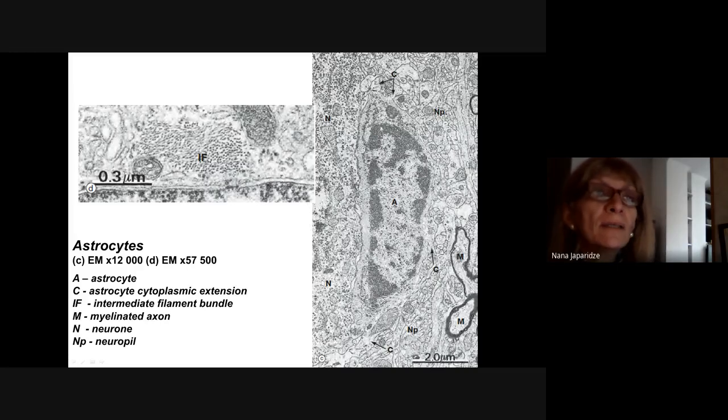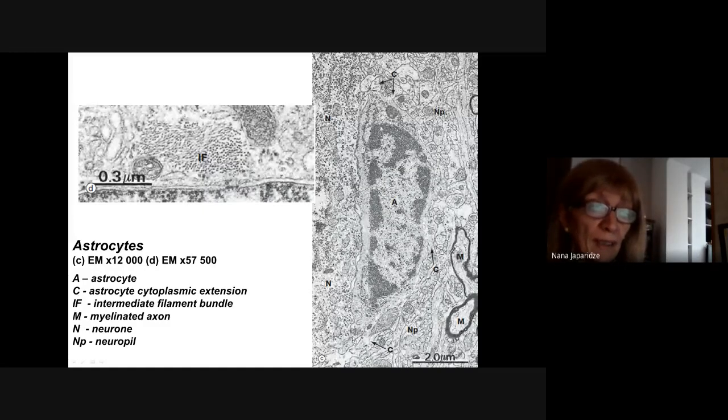So dendrites, axons, but these axons are non-myelinated axons. Here, these profiles of axons are surrounded with a black thick line, and it means that these are myelinated axons. Look, the longitudinal section through the dendrite here.